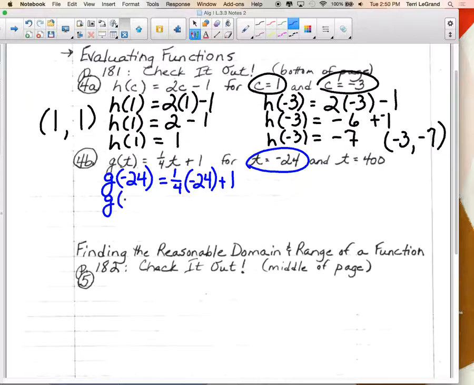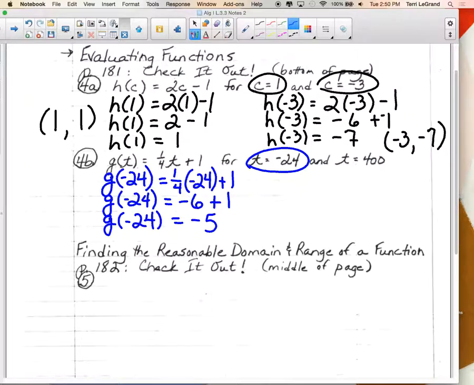So g of -24 is equal to, what's a fourth of -24? 6. And what's a positive times a negative? Negative, so this would be a -6, wouldn't it? And -6 plus 1? -5.